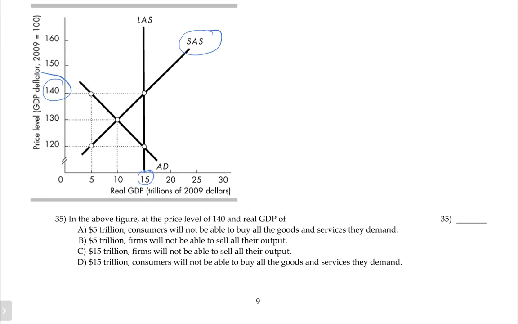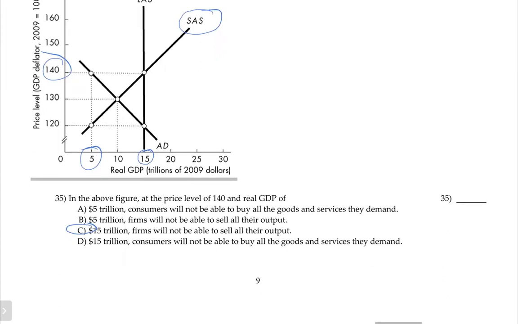But here at the price of 140, the demand is going to be 5, meaning we produce too much. So the firms will not be able to sell their output, so they are going to reduce the production. So the answer for 35 is going to be option C.